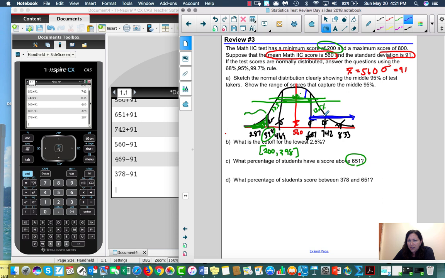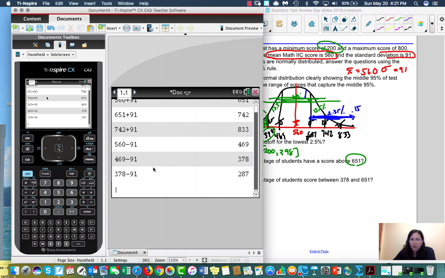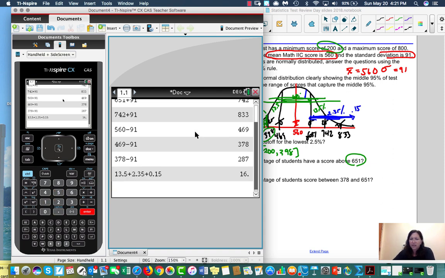We've got 13.5, we've got 2.35%, and then this side is going to be 0.15. So if I were to add those values all up, 13.5 plus 2.35 plus 0.15, that's a top 16%.